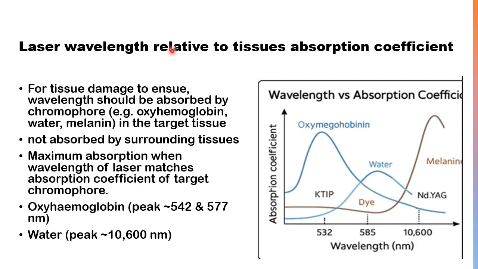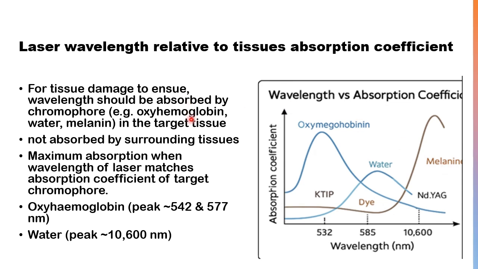Now, when the laser beam is directed to certain tissues, the energy in it is absorbed by special chromophores, certain molecules in the target tissue that can absorb the energy preferentially, like hemoglobin, water, or melanin in tissues and cells.